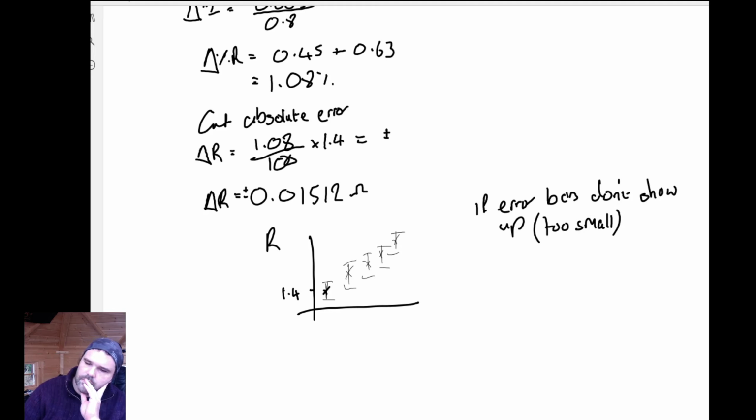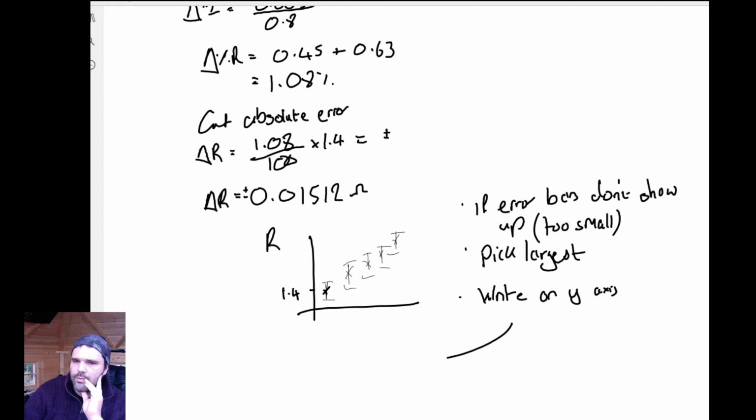Then, instead, pick the largest and write it on the axes. So you might, for example, where you've got R, you'd have ohms, you might include a plus or minus 0.02, or whatever the largest would be. Okay? And then you don't need error bars, because they wouldn't show up.